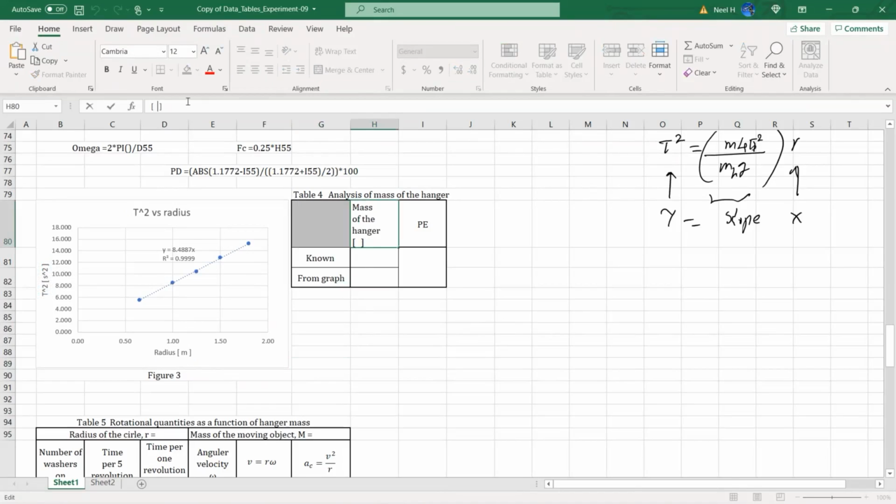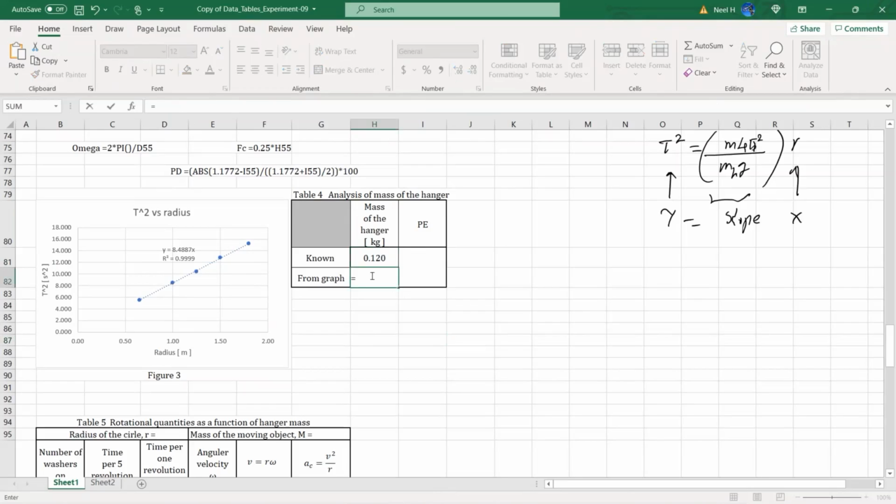And the mass of the hanger we keep the same. I keep about the same number, which means 12 washers multiplied by 0.01. So that will be about 0.12. And from the graph, we need to calculate that.